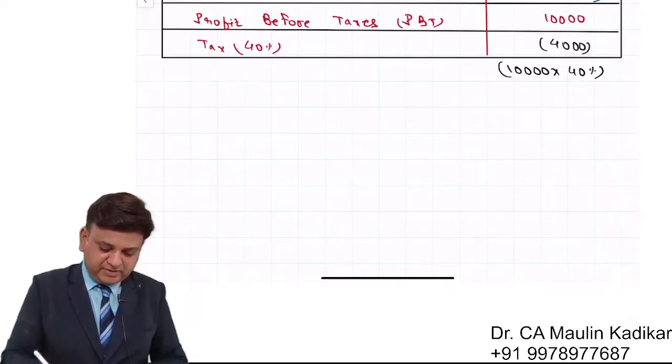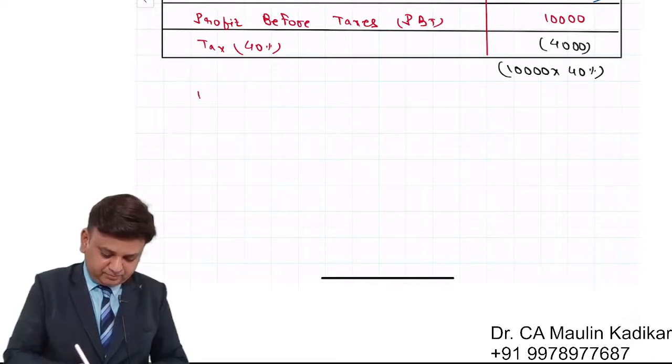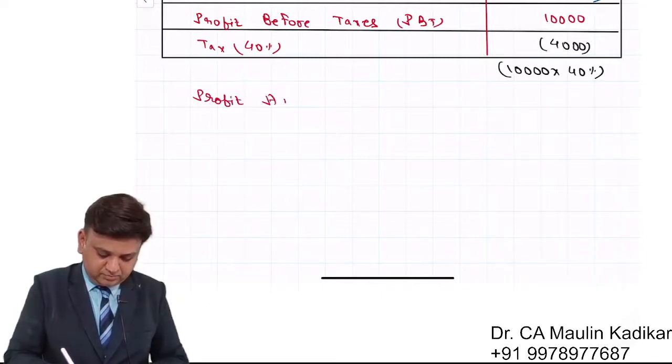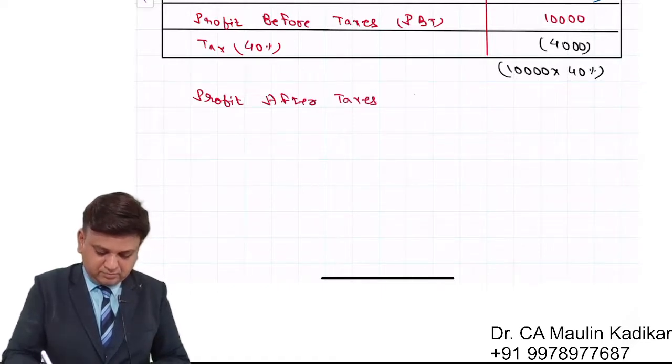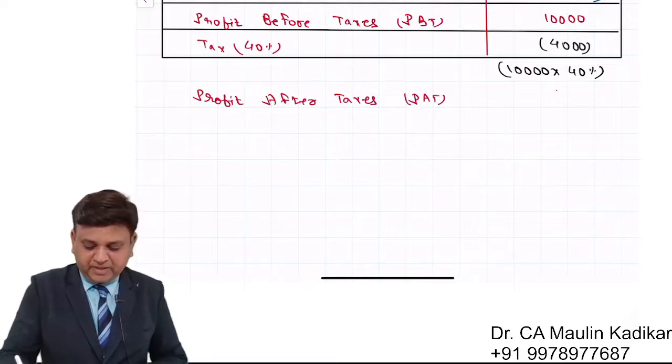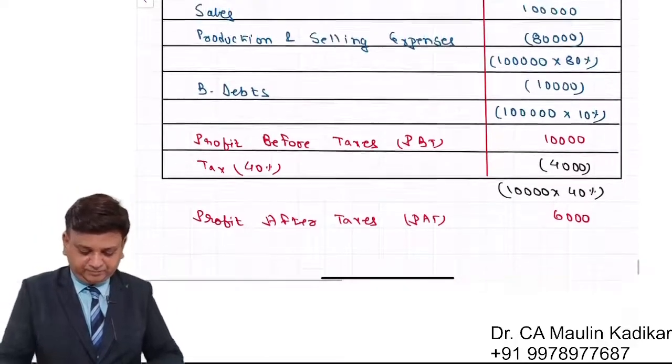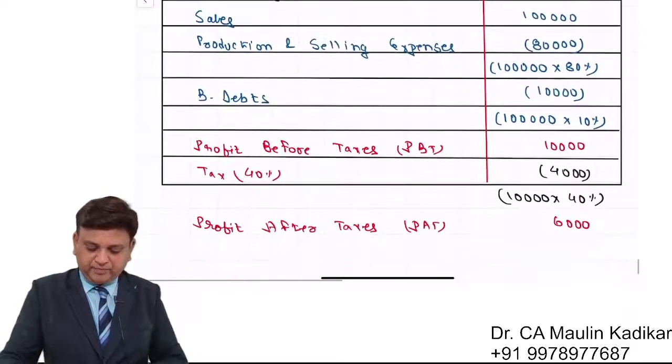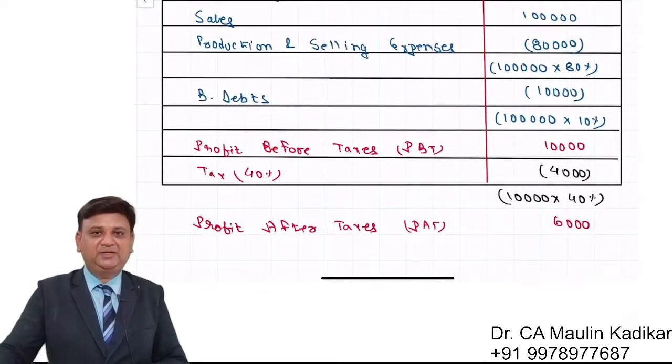Next is profit after taxes. That is PAT. It is an amount of 6,000. That is the way the PAT can be calculated.